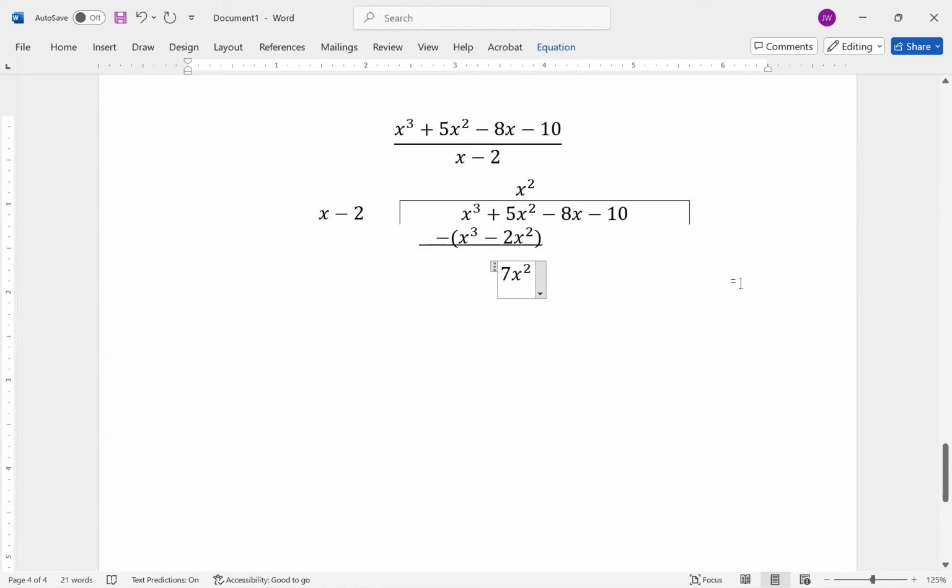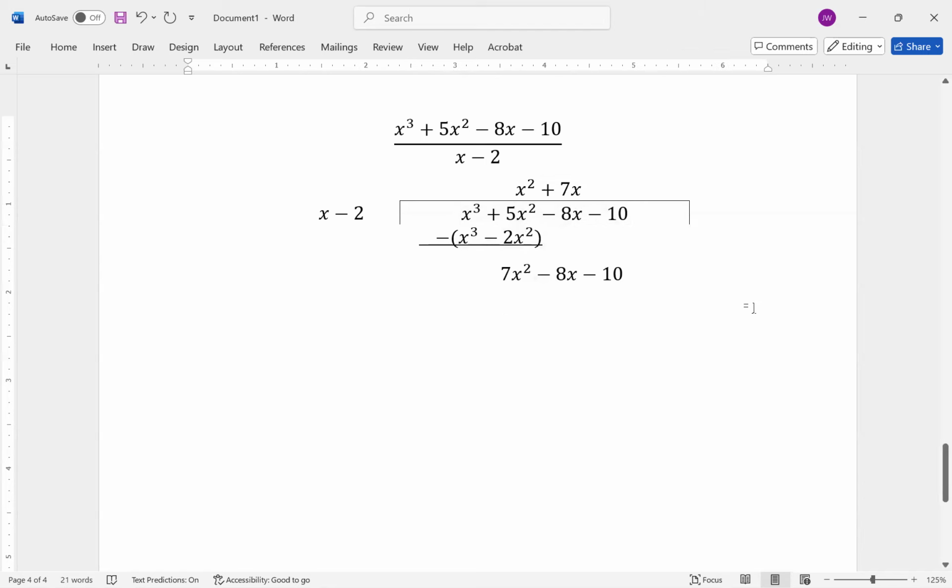Minus a negative gives me a plus 2x squared. So 7x squared minus 8x minus 10. And then I do the same process. I ask myself, what do I need to multiply by x to get 7x squared? The answer is a plus 7x.